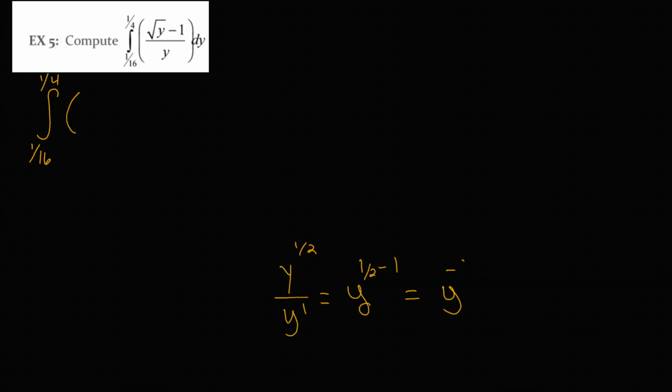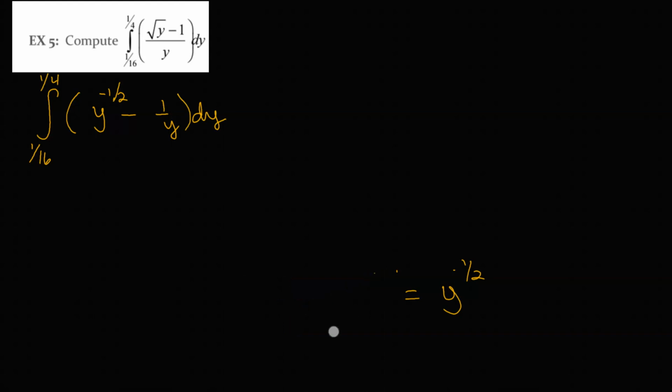So that is y to the negative 1/2 minus 1 divided by y, dy.